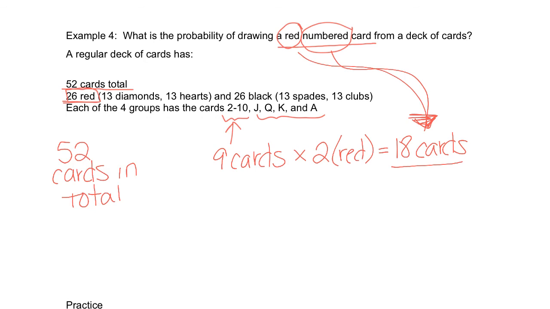So if there's a specific 18 that I want, then my probability of taking one of those cards out of the deck is going to be 18 out of our 52, which is our total, okay? We can reduce this if we want to 9 out of 26. Ultimately, we're going to use our calculator, multiply it by 100 to get that percentage.